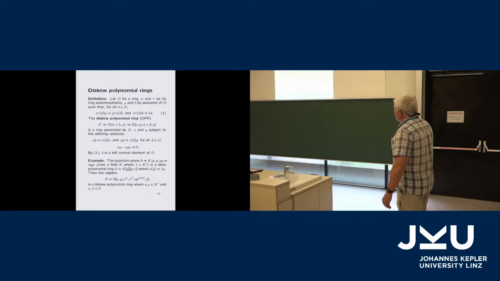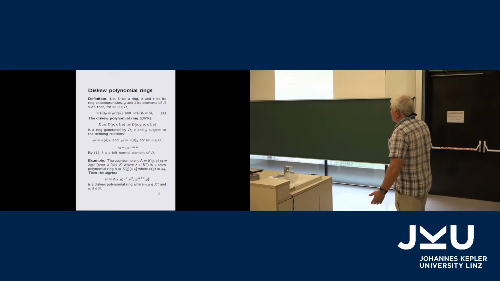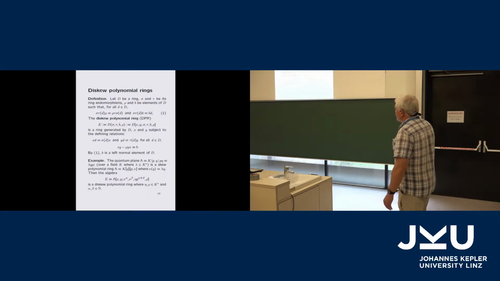So we have to choose the ring D. We simply choose a quantum plane. Now we have to choose the element B, right? So B should be a left normal element. It's obvious from the very definition that P and Q and their powers are left and right normal, so we simply choose elements like that. Then we have a natural automorphism of this ring given in this fashion, and sigma and tau are simply powers of this automorphism, and rho is an arbitrary element of the field.